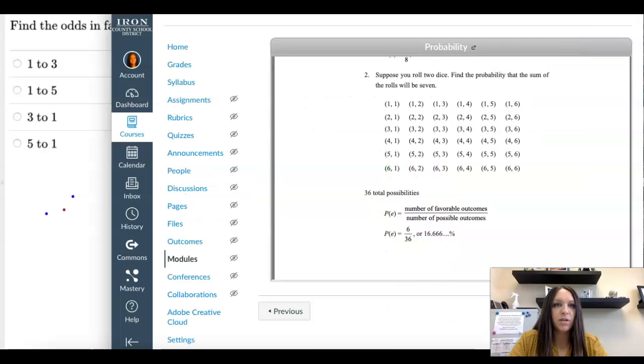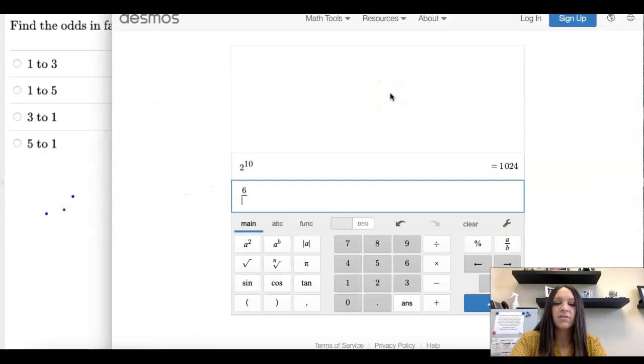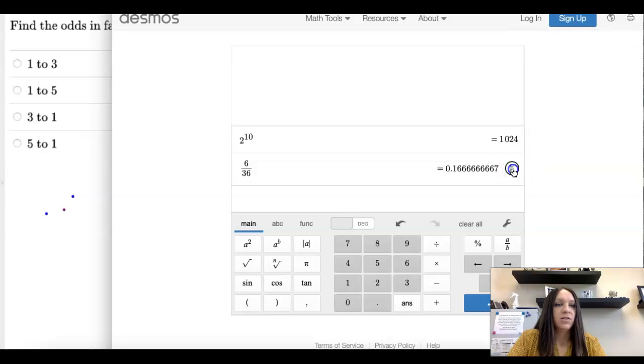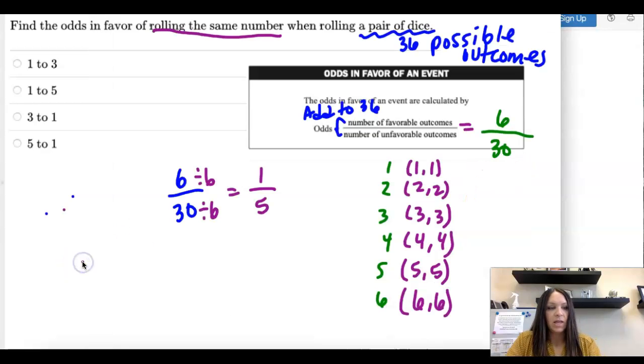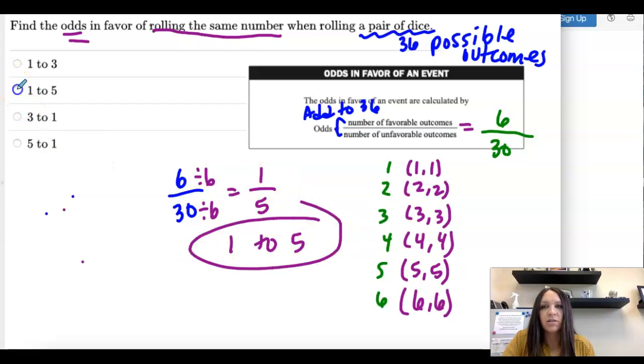And you guys remember, if you're like, oh, I suck at reducing fractions, use your tools. 6 over 30 reduces, use the fraction button, to 1 over 5. So my odds would be 1 to 5. We take the numerator first. 1 to 5.